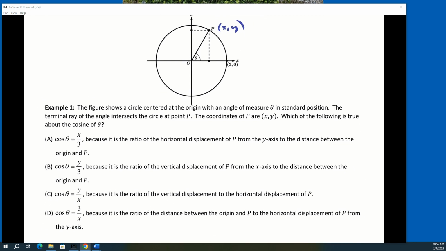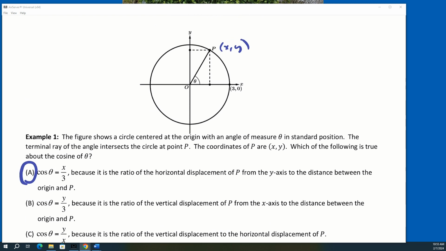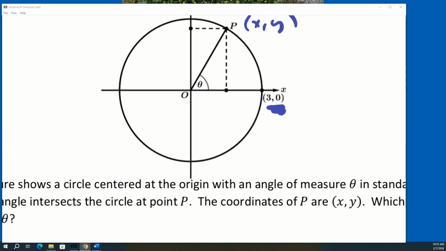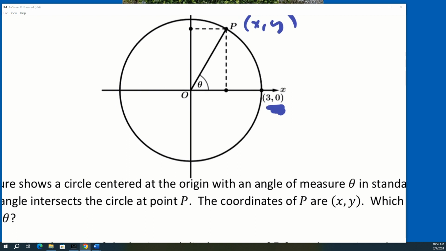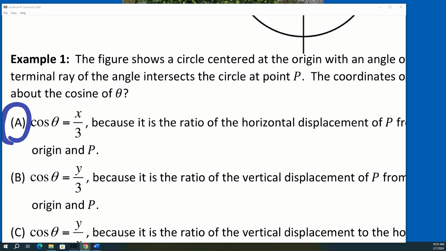What do y'all think for cosine? A, yeah. So I didn't say this, but if you look at this circle, it tells you, because the circle goes through the point 3, 0, the radius is going to be 3. So everywhere on that circle, this is going to be 3. And then the horizontal displacement is x. So it should be A.